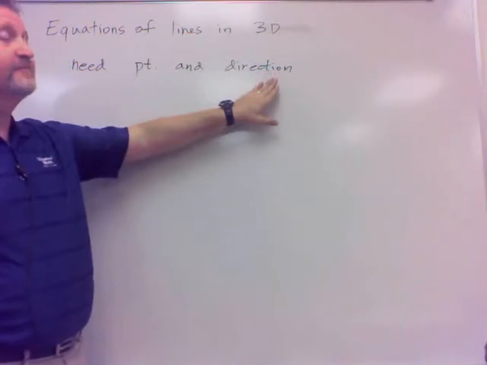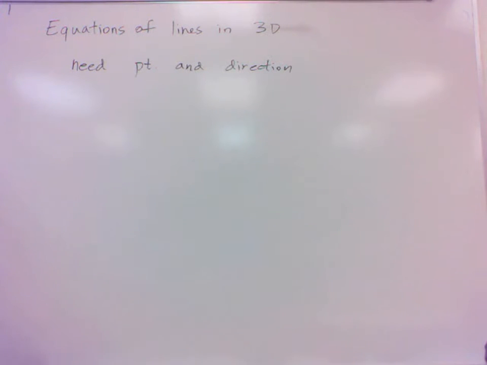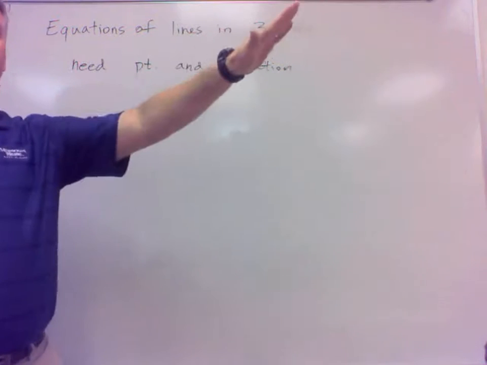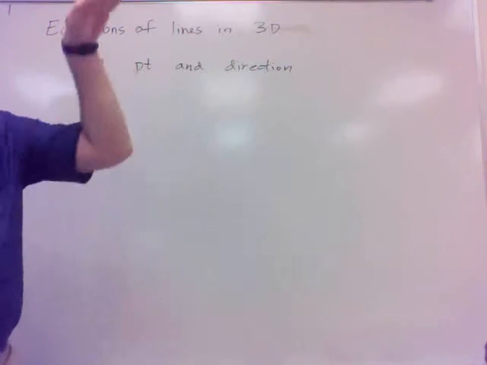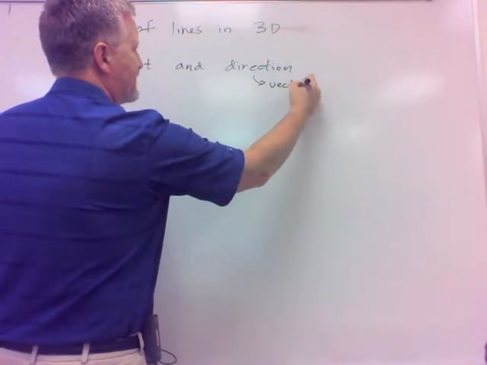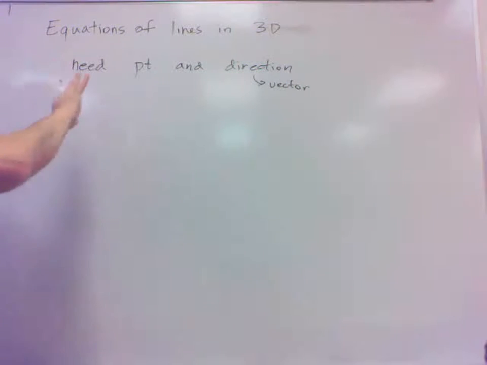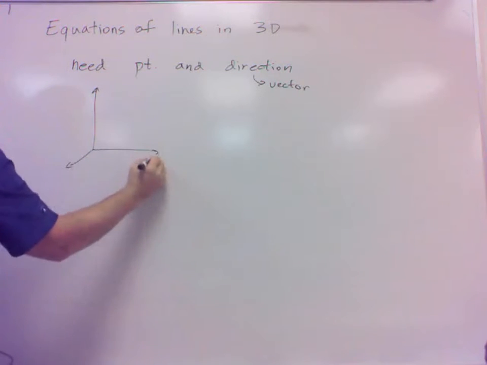Now, in 3 dimensions, our direction comes in the form of a vector, because if we have a vector, we know which direction it's going. I mean, that vector can move around. And so basically, what you need for an equation in 3 dimensions, you've got x, y, and z here.